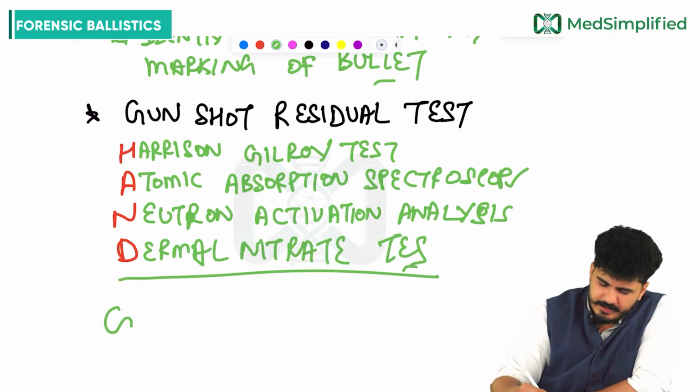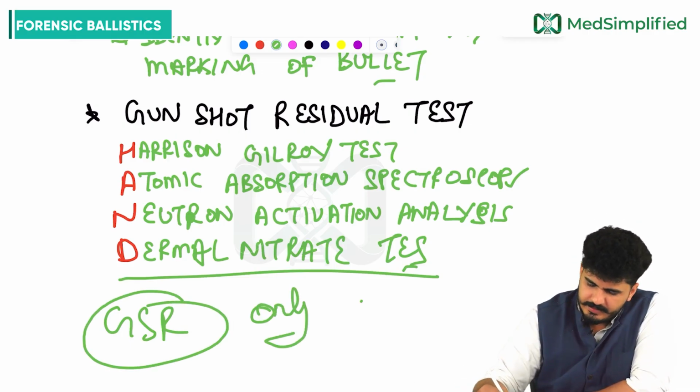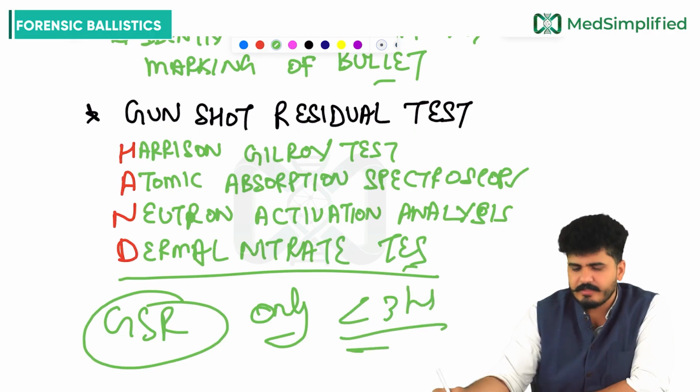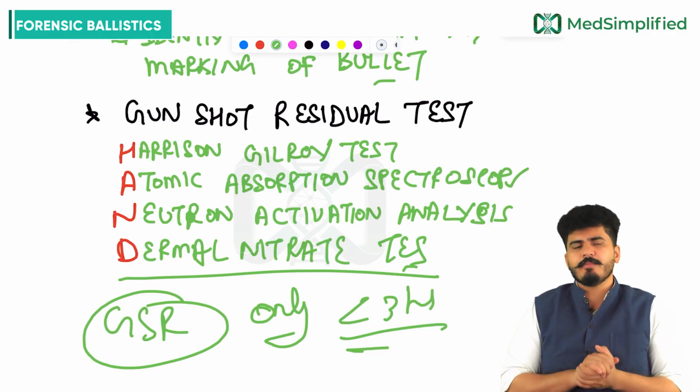So this gunshot residue test, GSR, is only done less than 3 hours after the gunshot. If the gunshot has happened within 3 hours, only then can we perform these tests.